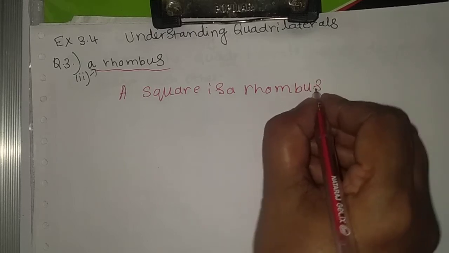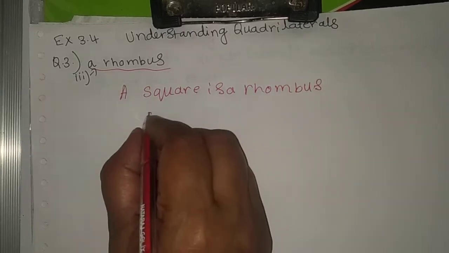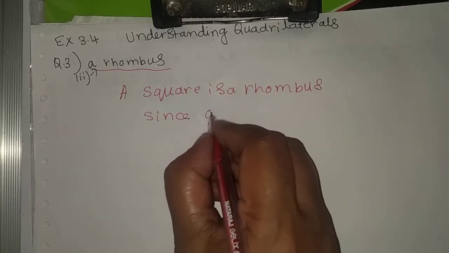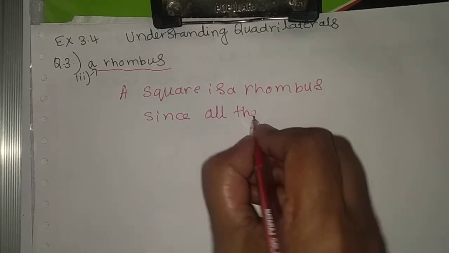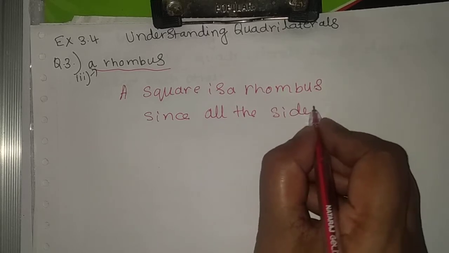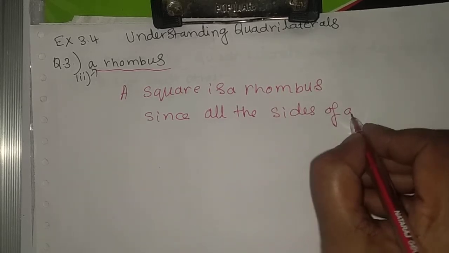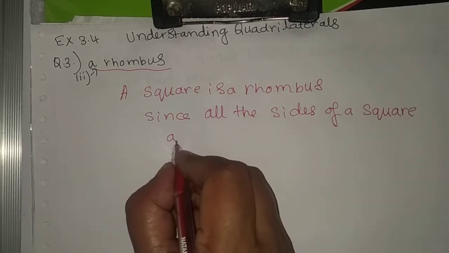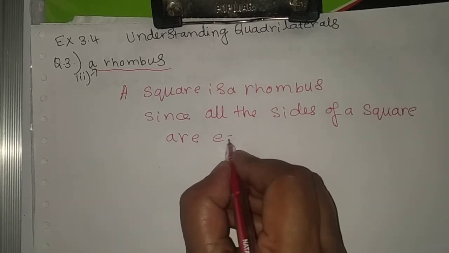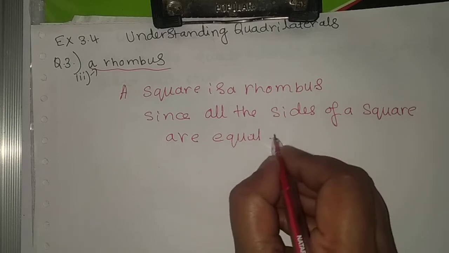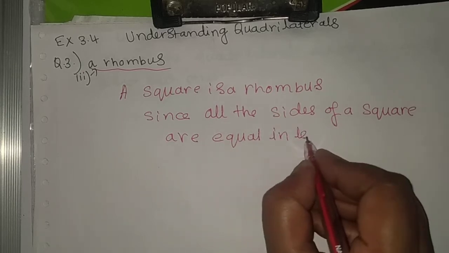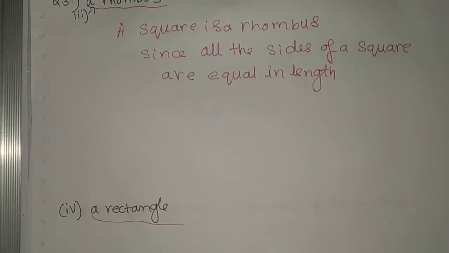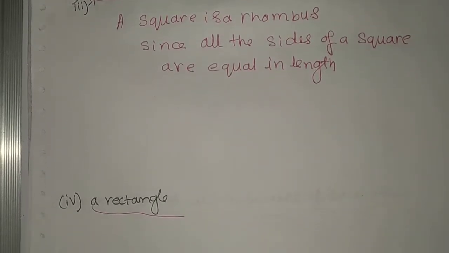Square is a rhombus since all the sides of a square are equal in length. So this is the point for square as rhombus.